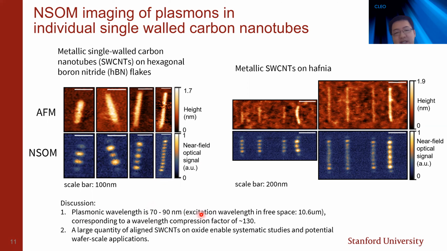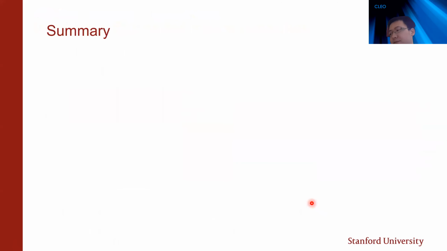But considering the excitation wavelength in free space is 10.6 micrometers, this corresponds to a wavelength compression factor of about 1/3. This is very, very big. And this large quantity of aligned single-wall carbon nanotube arrays also enables systematic study and potential wafer scale applications.